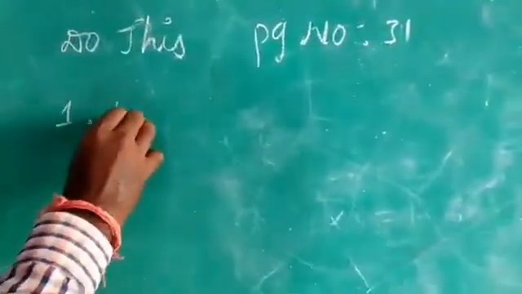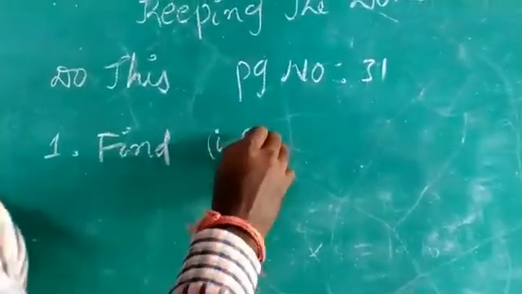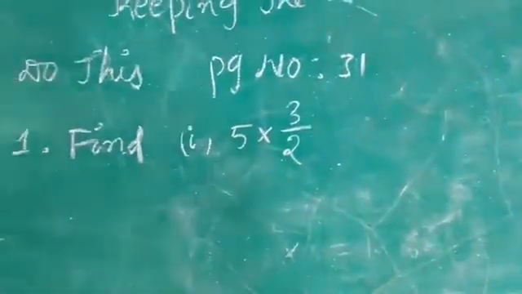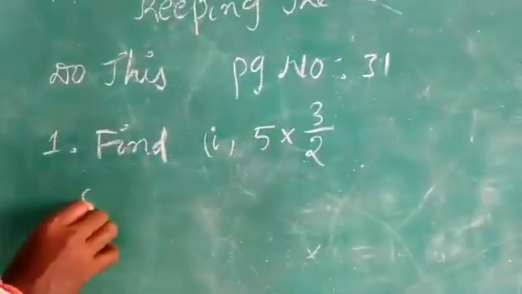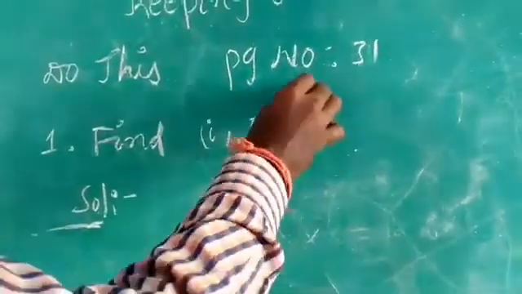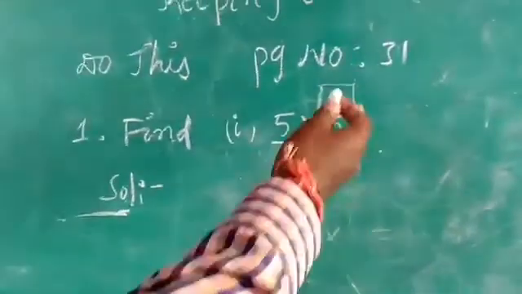What is the question here? Find the first one, 5 into 3 by 2. See the solution clearly. It is a whole number and an improper fraction, because the numerator is greater than the denominator.